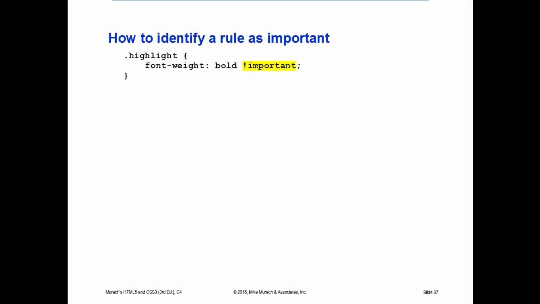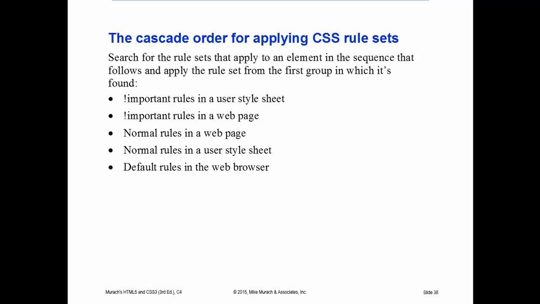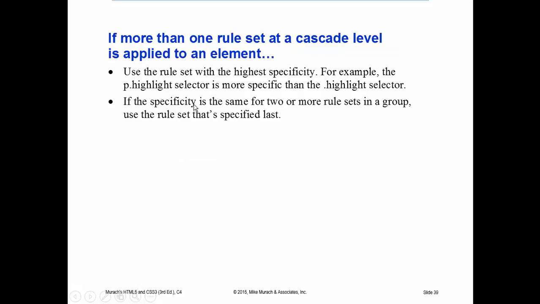Typically, it's the one that was listed last that will apply. If you want to override that, you can use what's typically referred to as !important. Okay, so there's an example. All right, so here's the hierarchy of doing that.